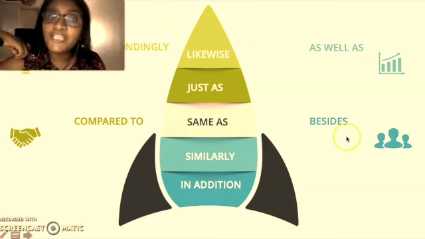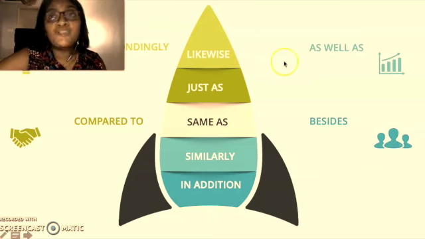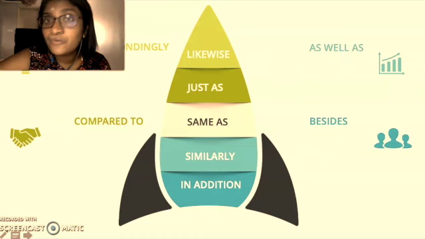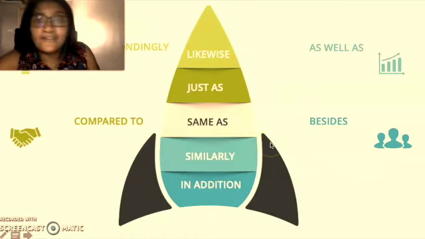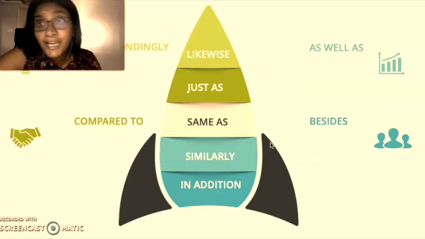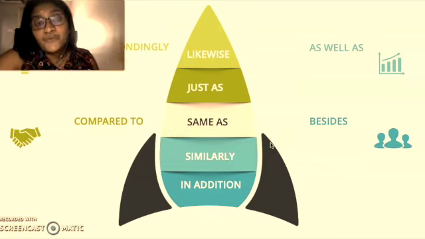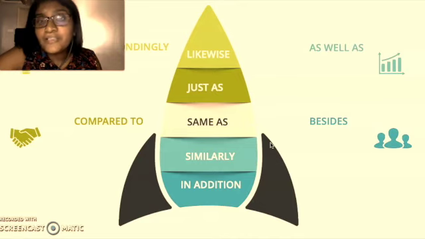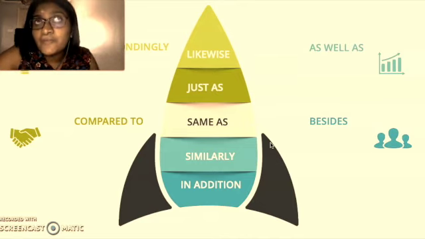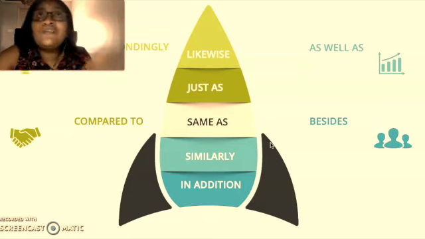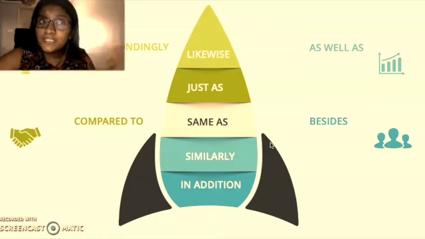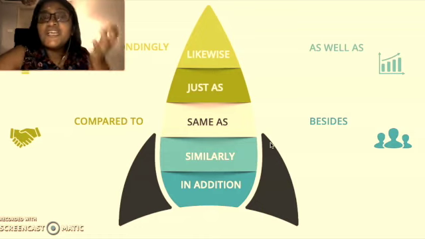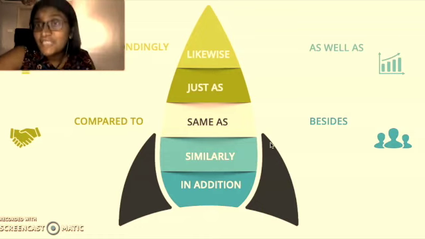For example, we can use words like besides, as well as, compared to, correspondingly, in addition, similarly, same as, just as, likewise. These are just some. For example, the government school's main aim is to educate students. Likewise, the private school shares the same objective as well. So this is how you can use these connectors to talk about similarity.